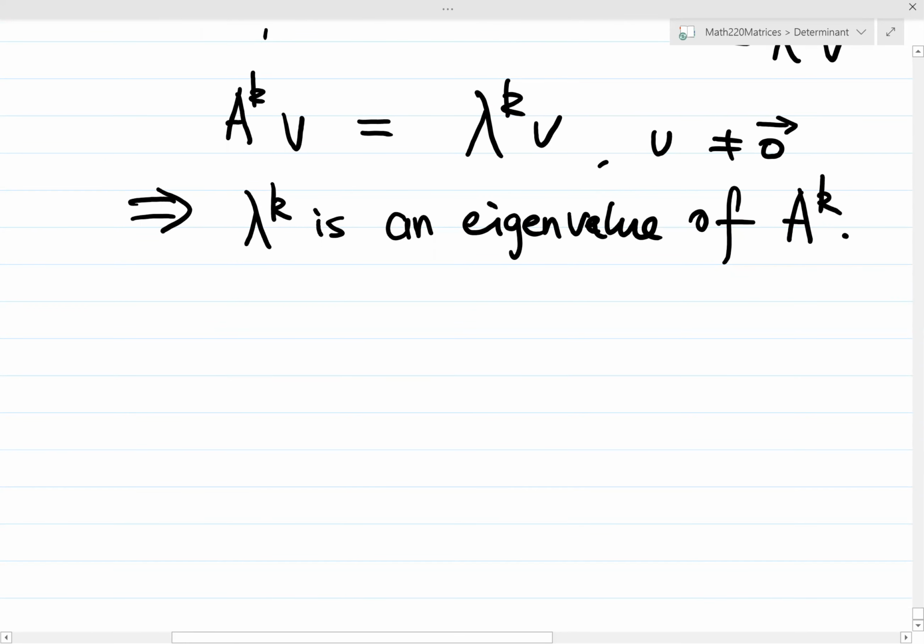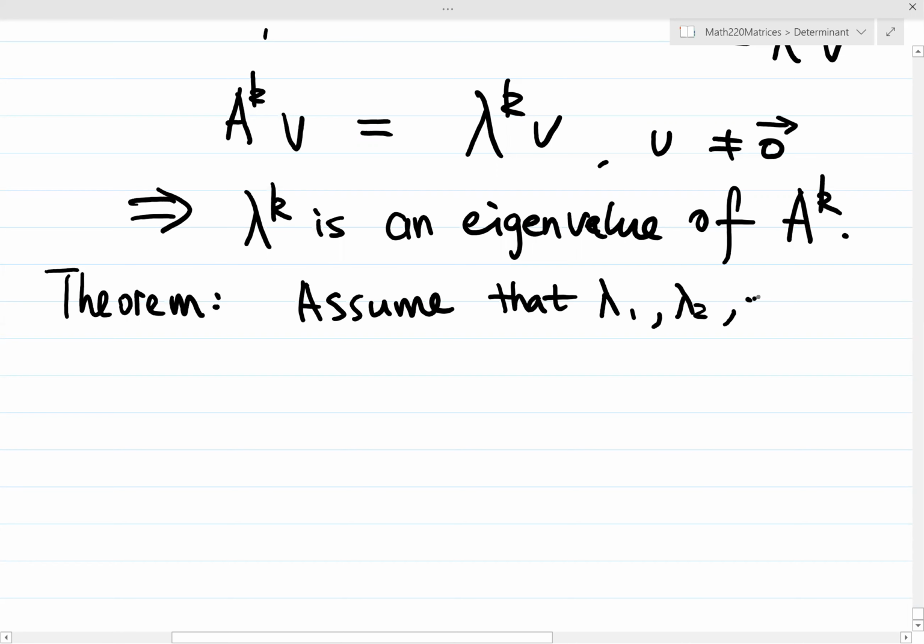The next theorem tells us that eigenvectors corresponding to different eigenvalues are linearly independent. Important theorem. Okay, so assume that lambda 1, lambda 2, up to lambda m, sorry, let's use lambda m as my notation, are m distinct eigenvalues of a square matrix.